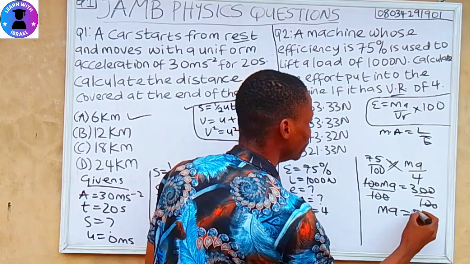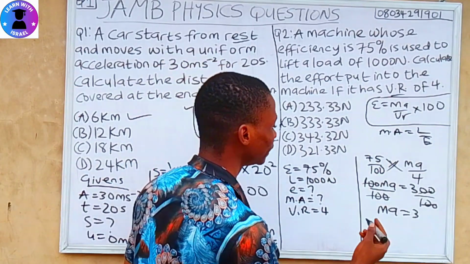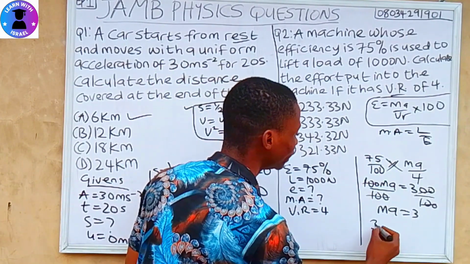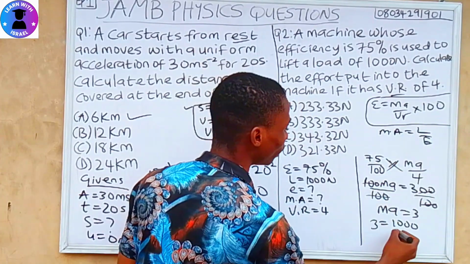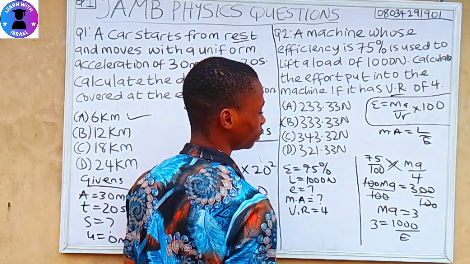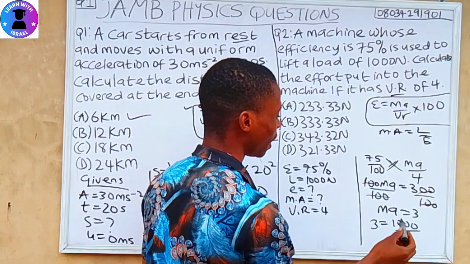So our MA equals 3. We already know our MA now. The next thing is to solve for our effort. Our MA equals 3, which equals our load, 1000, over our effort, which is unknown.